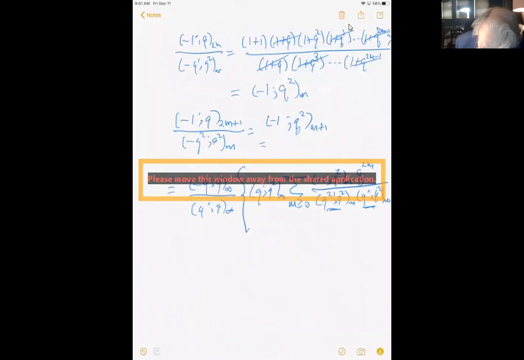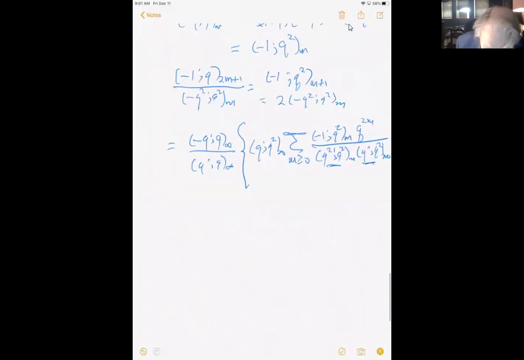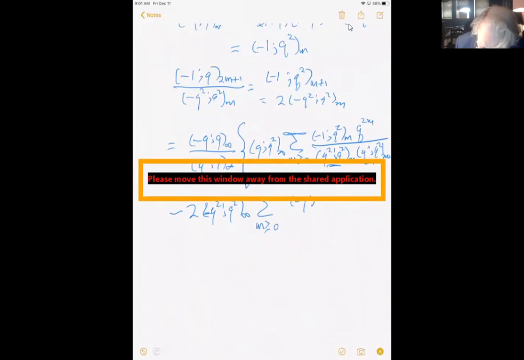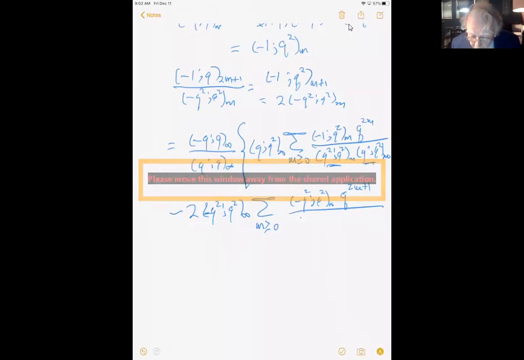This equals 2 times minus q squared sub m. So I will write the second expression as minus 2 q squared minus q squared infinity, summation m greater than or equal to 0 of minus q semicolon minus q squared sub m, q to the 2m plus 1 divided by q squared semicolon q squared sub m, and q squared sub m plus 1.